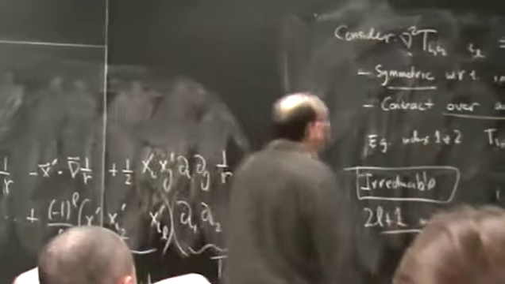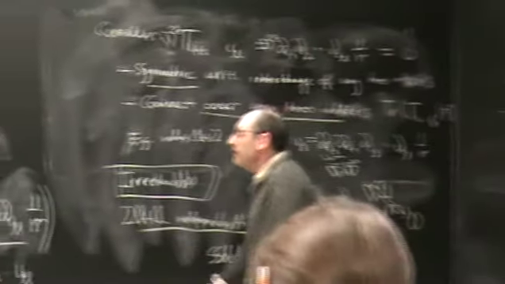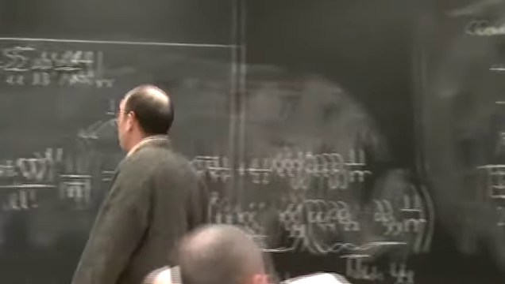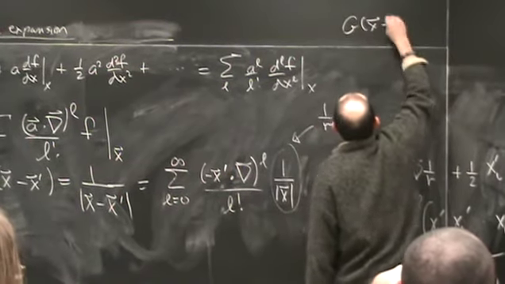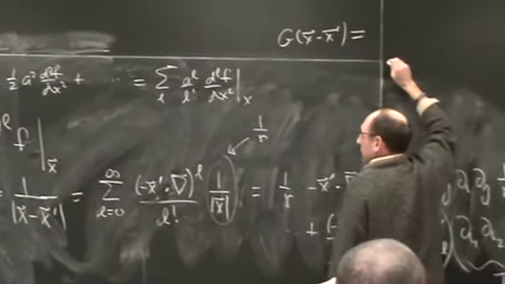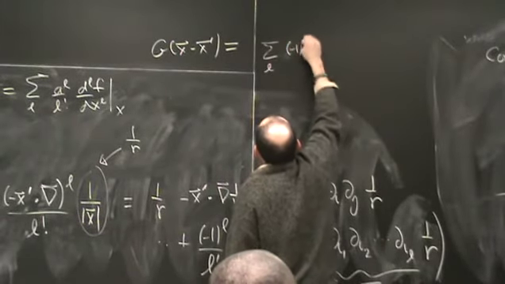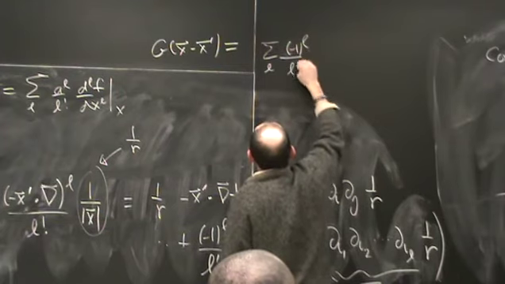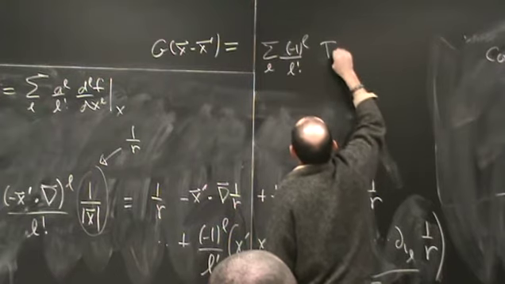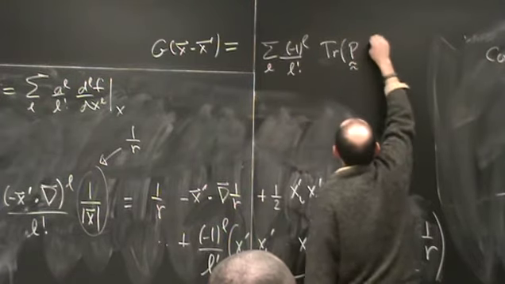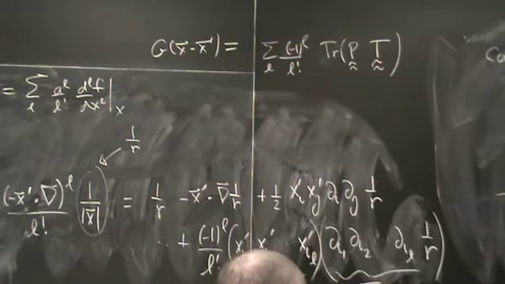So these are the solid harmonics, and they're irreducible. The important point is that this Green's function, when we did this Taylor series expansion, is the sum over all L times the contraction, or the trace, of the tensor P with the tensor T, right? Because I'm summing over all of the indices.